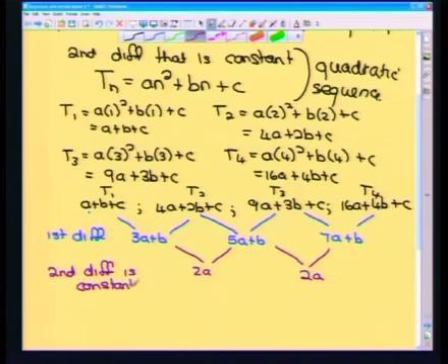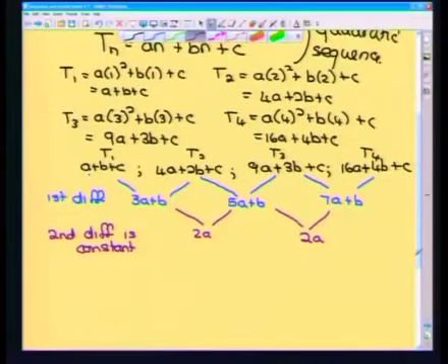Now, you might say, what are you doing here, Lee? Well, what I'm trying to do is show you a really nifty way of solving any of your quadratic sequence problems. What you need to remember from what I've just shown you is the following. If I know the second difference, it will always equal 2A.